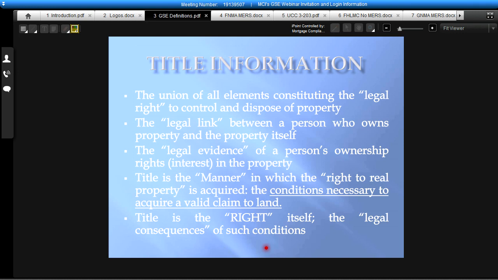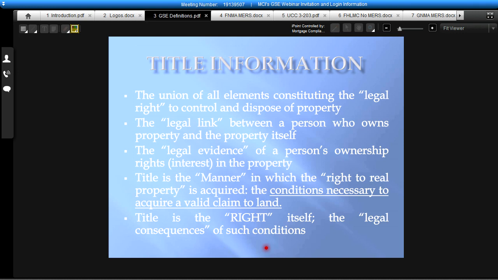2, the legal link between a person who owns property and the property itself. 3, the legal evidence of a person's ownership rights (interest) in the property.